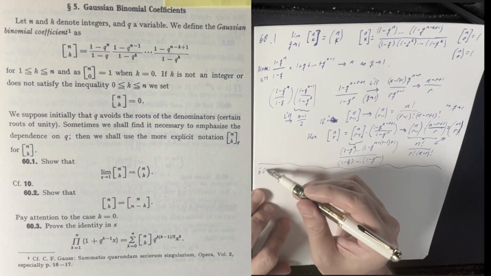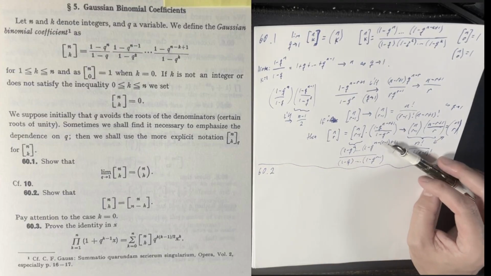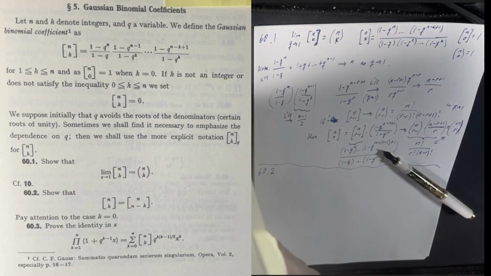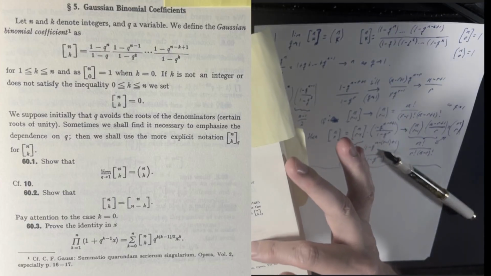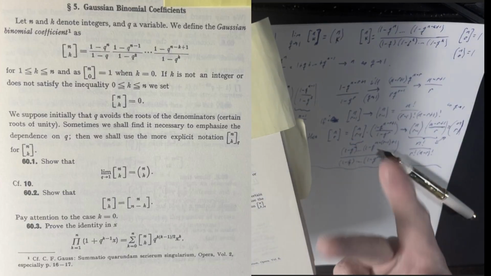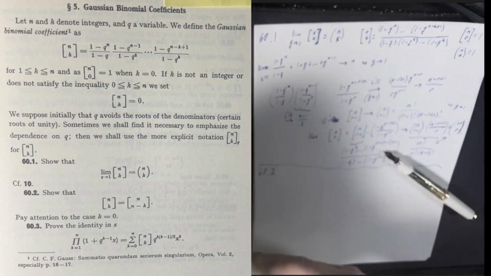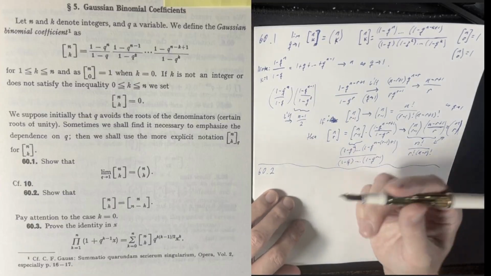What is 60.2? Looks like, I can read it on the screen there. It just says, make sure that it's symmetric in the usual way, but watch the case 0. Huh. Alright.